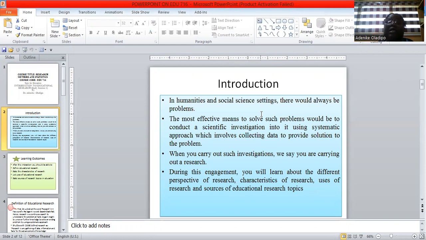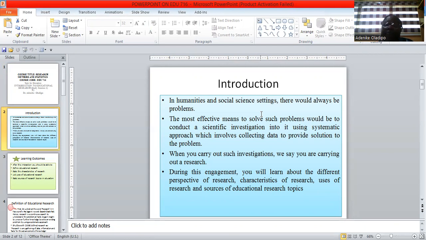Performance of students, their attitude to work could be problems. In social sciences, the problems about mental health and some psychological problems are always prevalent. So, in humanities and social science settings, there are always problems.